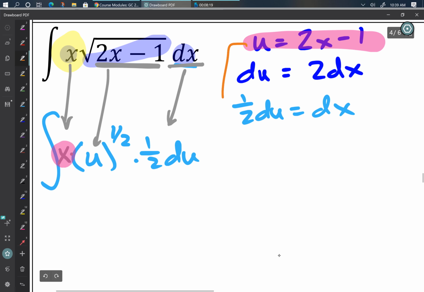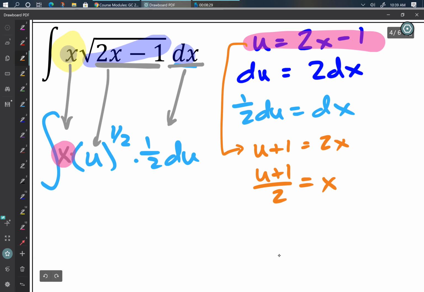If I took that line and said, okay, that means that u plus 1 is 2x, and that u plus 1 divided by 2 is equal to plain old x. Can I now do a second substitution?